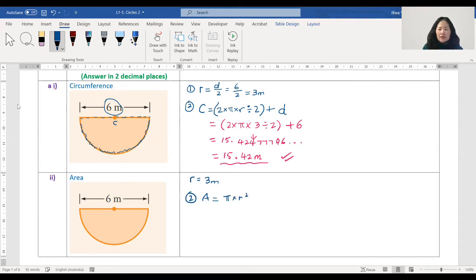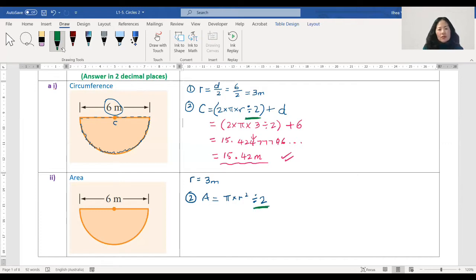That's going to give us the area of the full circle, and we only have half, so I'm going to divide it by 2. You probably noticed that whatever we do on the circumference, like dividing by 2, you've got to do the same thing on the area.